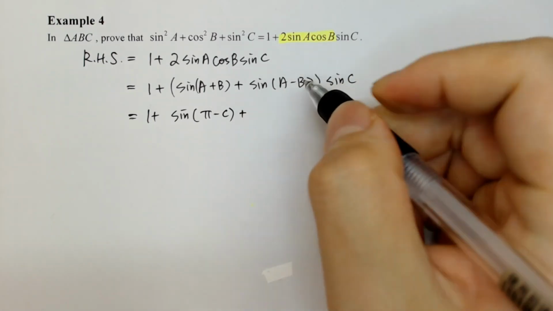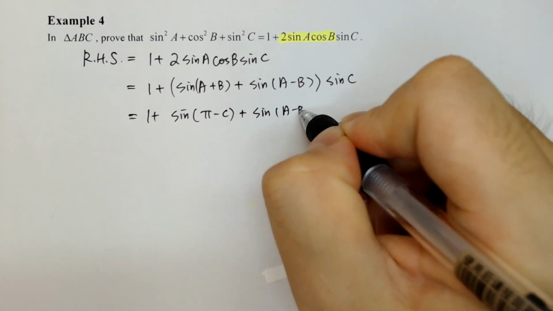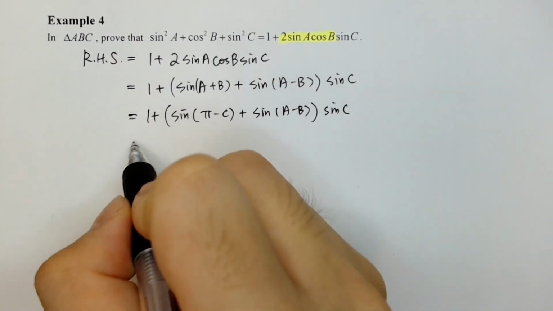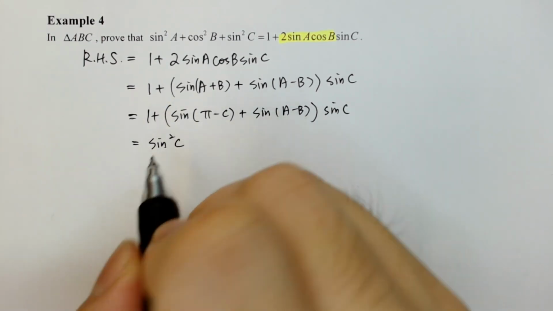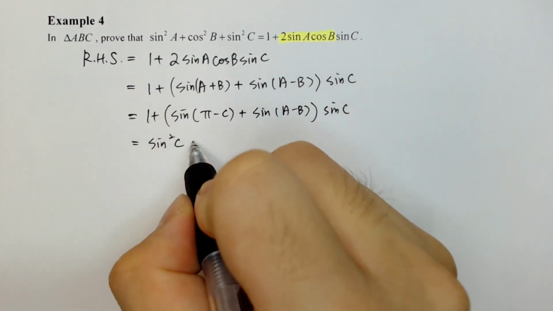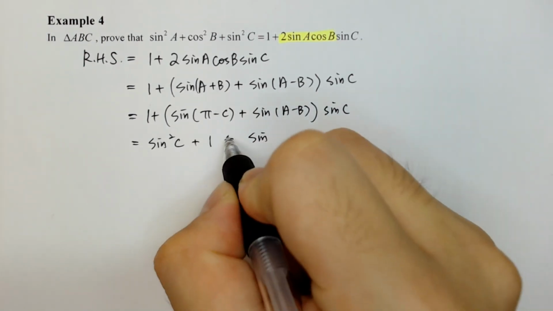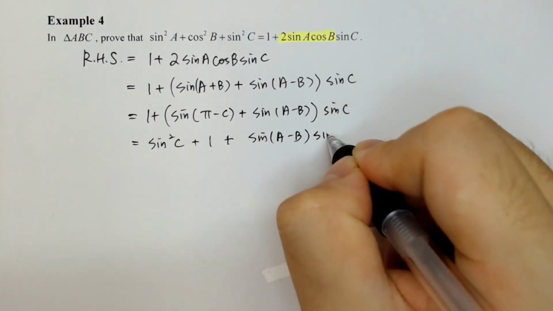And for the difference of angles, we cannot do anything on that. So we obtain our sine squared C, which is one of the terms on the left, and there's 1 plus sine of A minus B sine C.